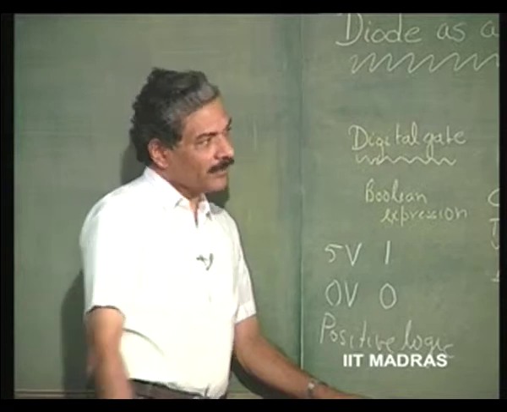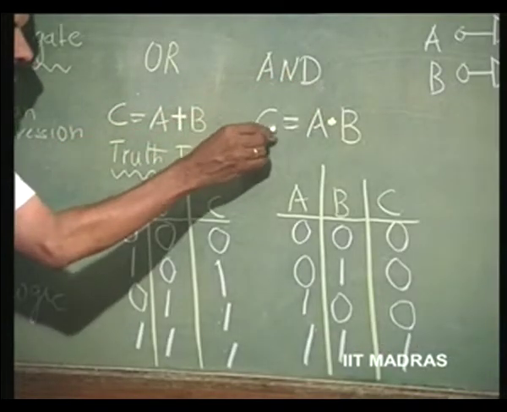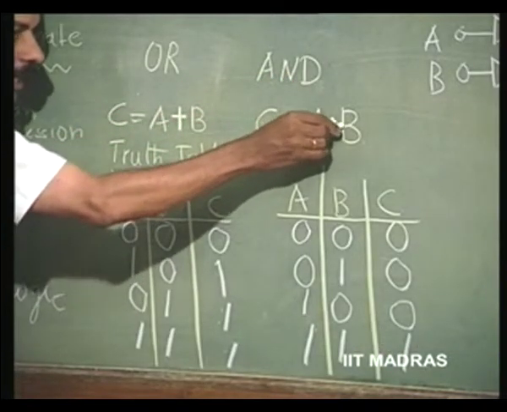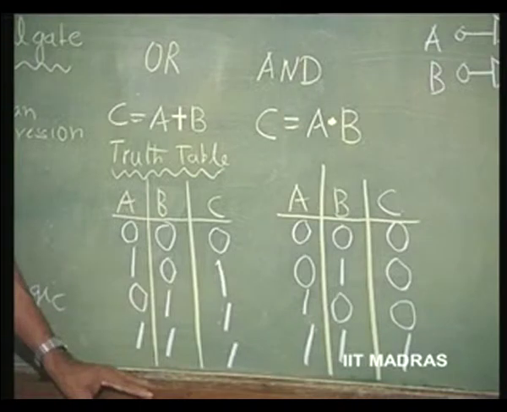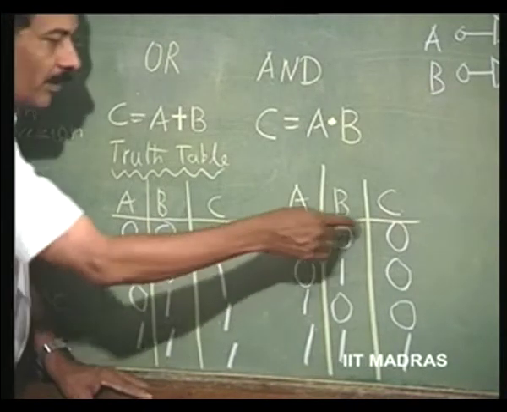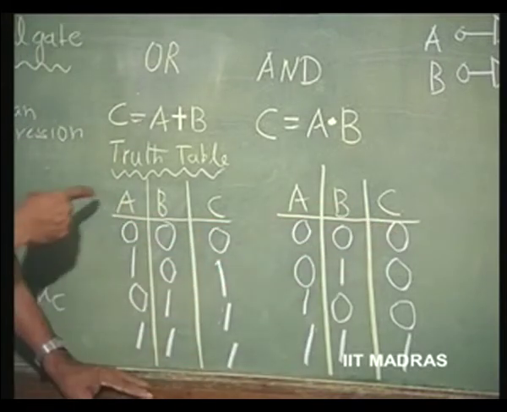In the case of AND operation, which is C equal to A and B, A dot B, right, the truth table is as follows. When both are 0, output is 0, as in the case of OR operation.